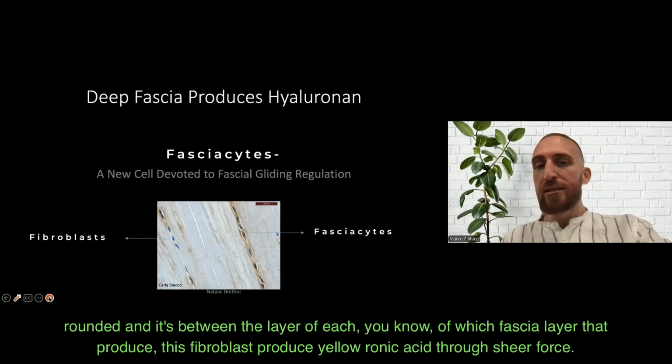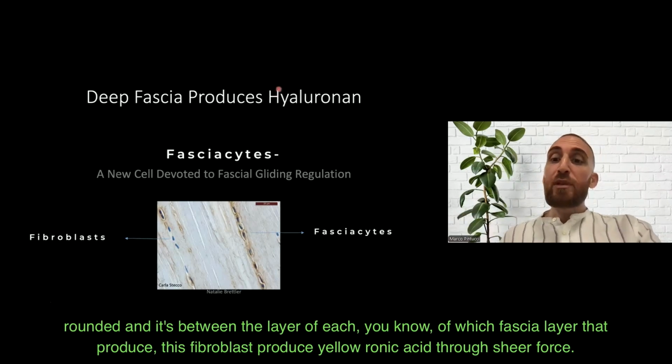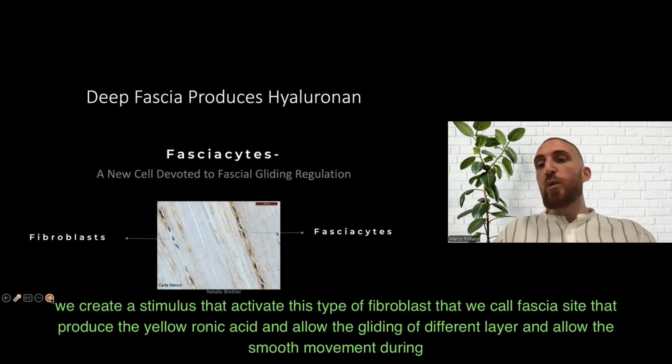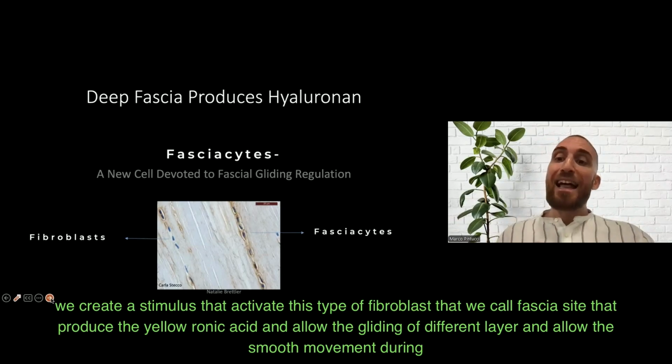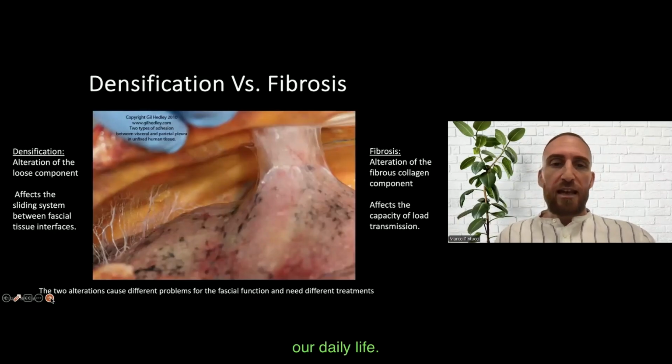For example, it is more rounded, and it is between each fascial layer that these fibroblasts produce hyaluronic acid through shear force. So what does it mean? With our movement, we create a stimulus that activates this type of fibroblast that we call fasciacyte, which produces the hyaluronic acid and allows the gliding of the different layers and smooth movement during our daily life.